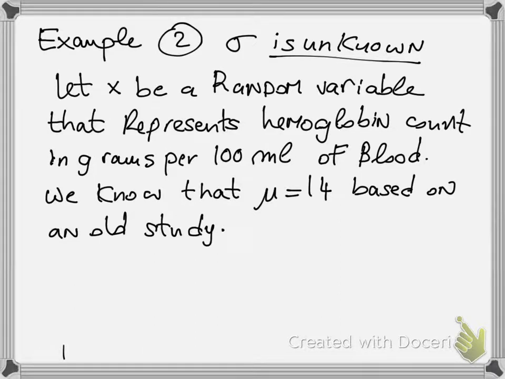So this prior information here, or the null hypothesis, is that the average or the mean of the hemoglobin count is actually equal to 14, because this 14 is based on an old study. That's our prior information. Okay.